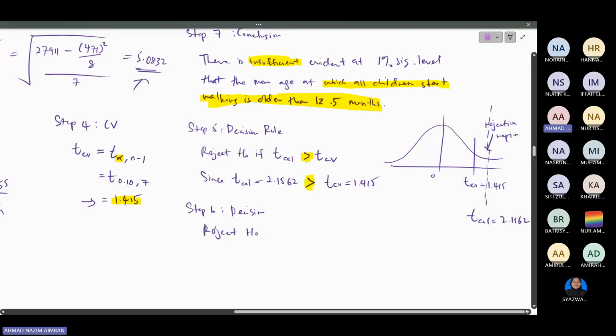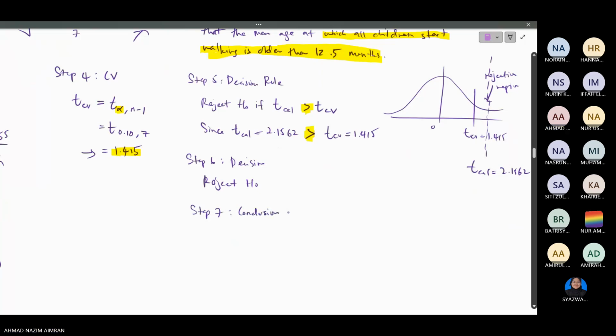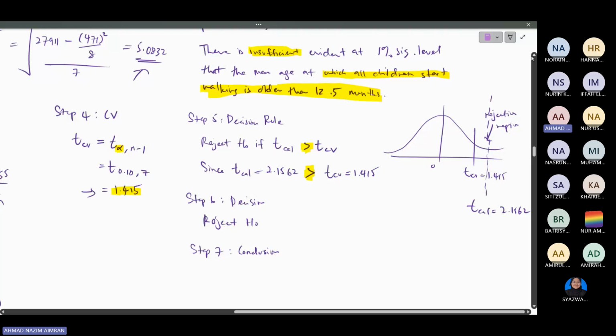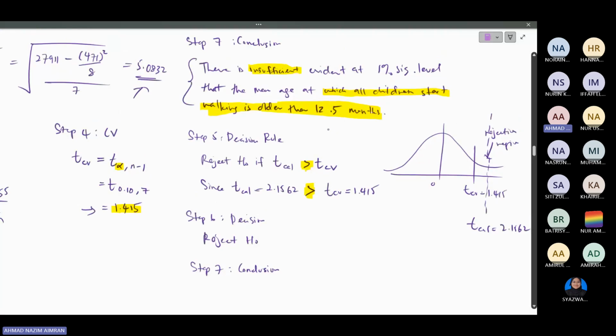And the last step is the conclusion. Step 7 is the conclusion. So just use this template. But now we reject H null. But by the way, this is for the previous example.